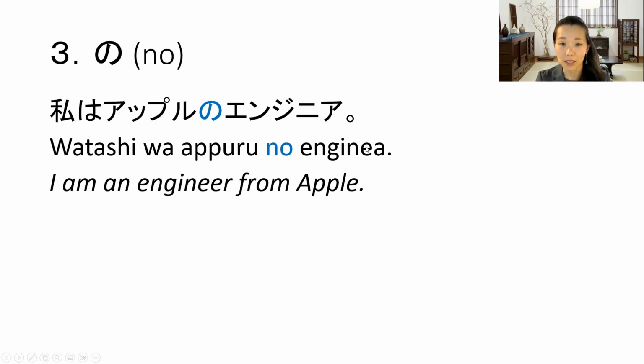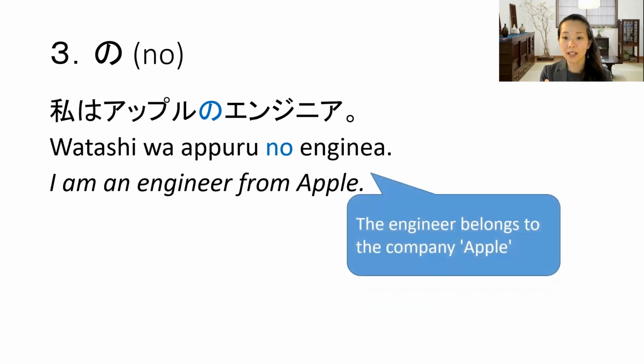Engineer is also from English, so it's written in katakana. You can add です at the end of this sentence, or you can take it off if it's casual Japanese. In this sentence, の is also used like belong to. The meaning behind の here is that the engineer belongs to the company Apple.